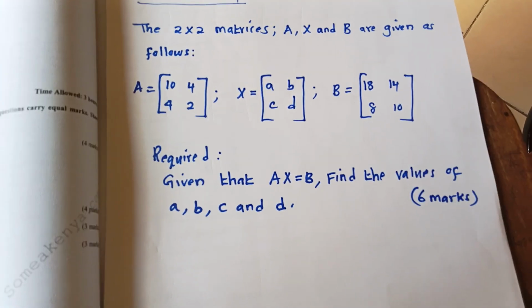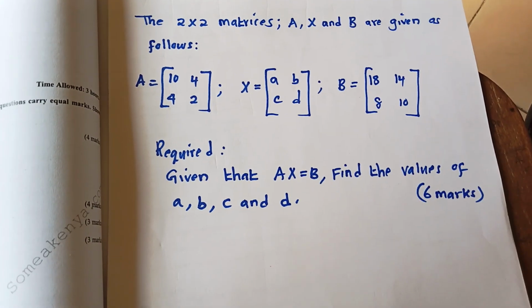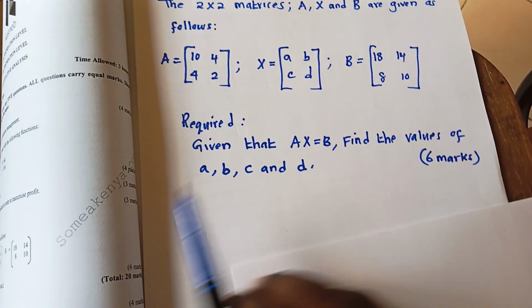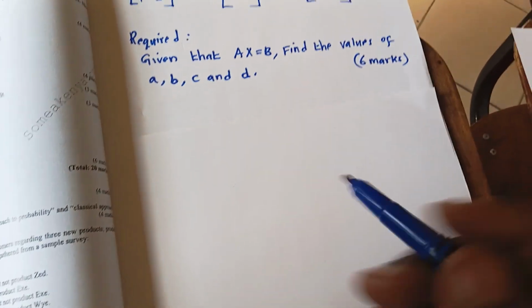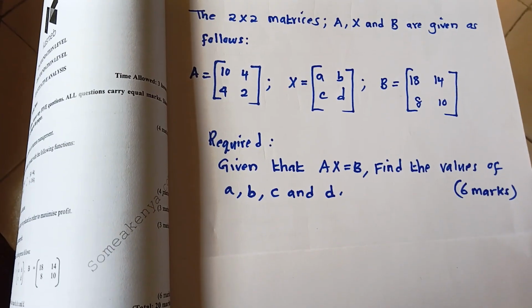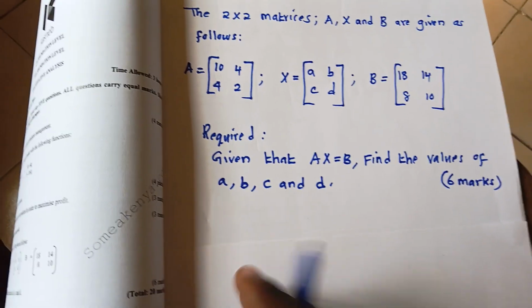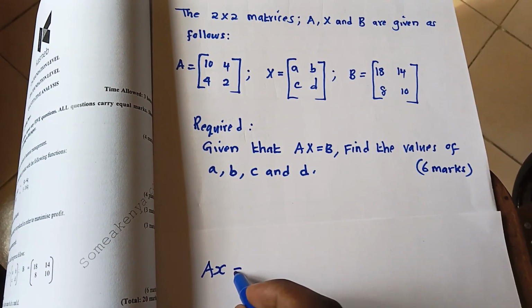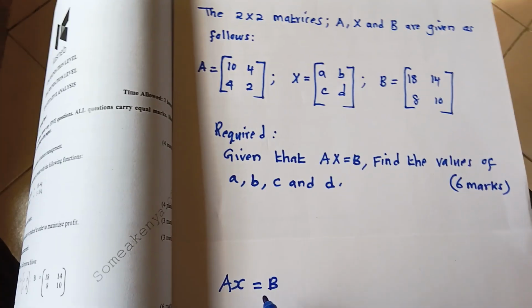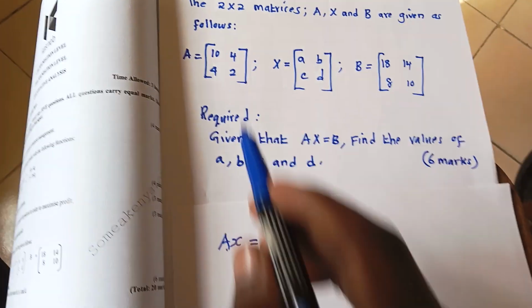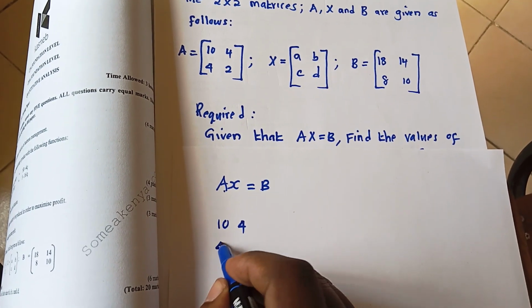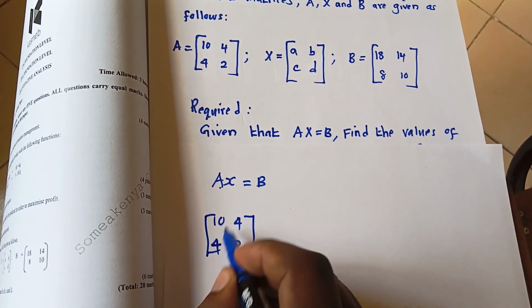I want us to solve this question, and because it is a 2 by 2 matrix, we are going to follow whatever we have been given, and move from known to the unknown, so that you can arrive at the correct answer. We have been given that AX equals B, where matrix A is 10, 4, 4, and 2.